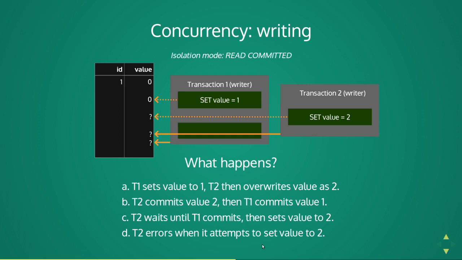Number 1, transaction 1 sets value to 1, and then transaction 2 overwrites value as 2. So it ends up as 2, and this all happens straight away. Or, transaction 2 commits value 2 because it commits first, and then transaction 1 commits second, that commits value 1.